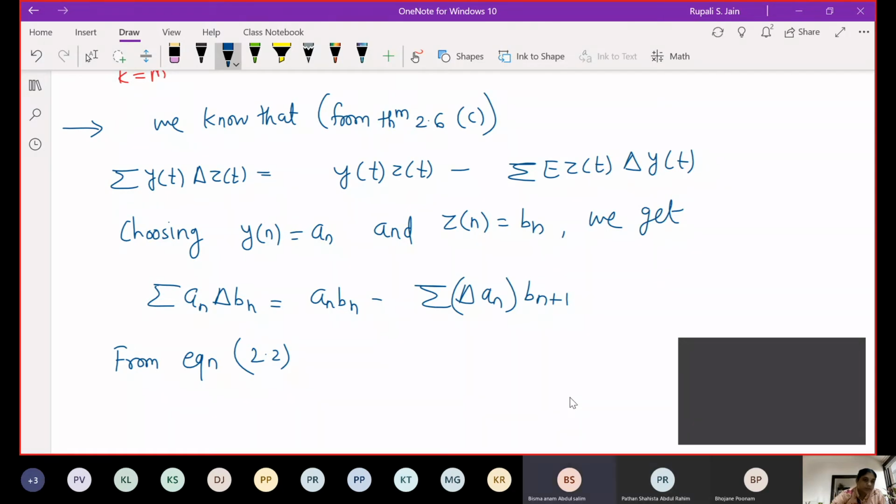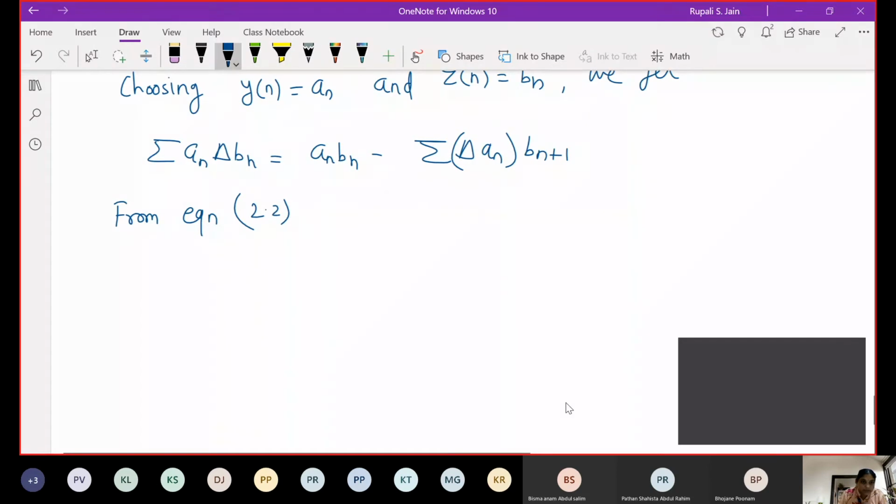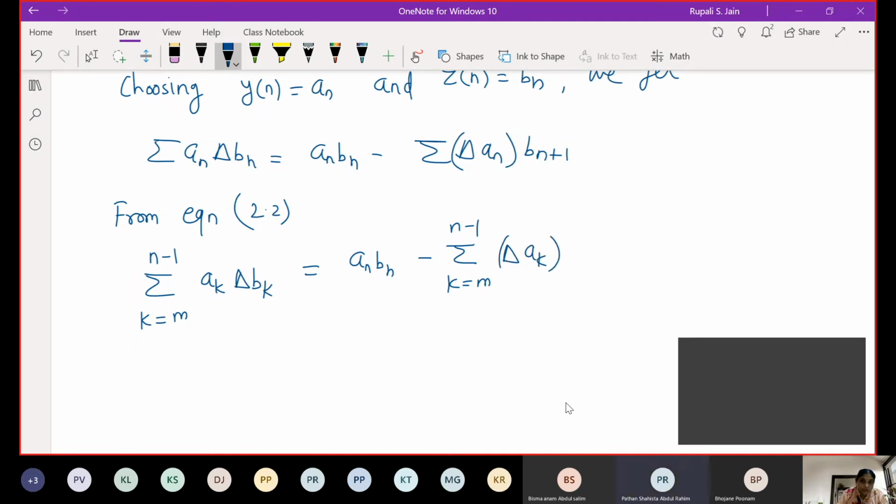So this indefinite sum I can write in terms of finite sum as the summation for k equal to m to n minus 1 of a_k delta b_k. Here I am writing it in terms of a_k delta b_k, which is equal to a_n b_n minus the summation for k equal to m to n minus 1 of delta a_k b_(k+1), plus c. Is that okay?